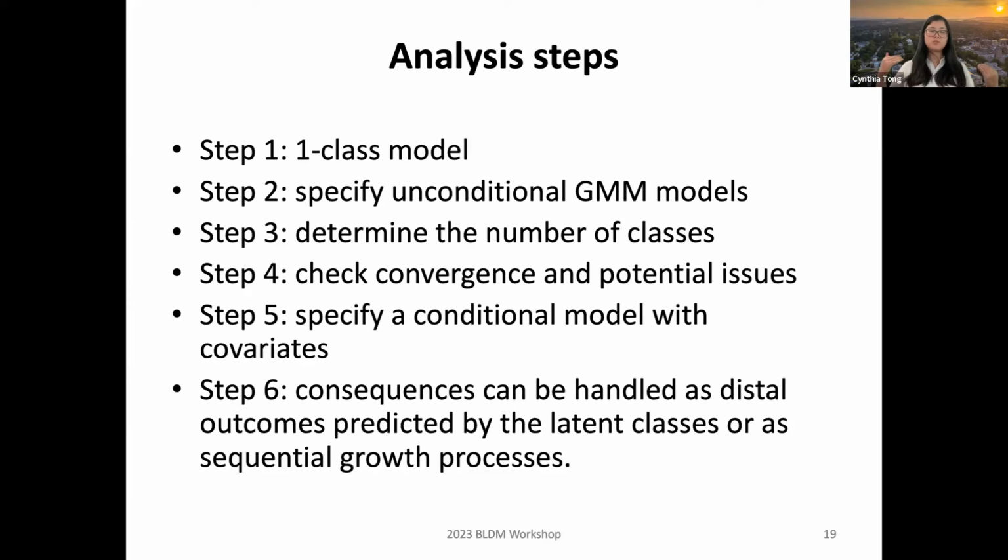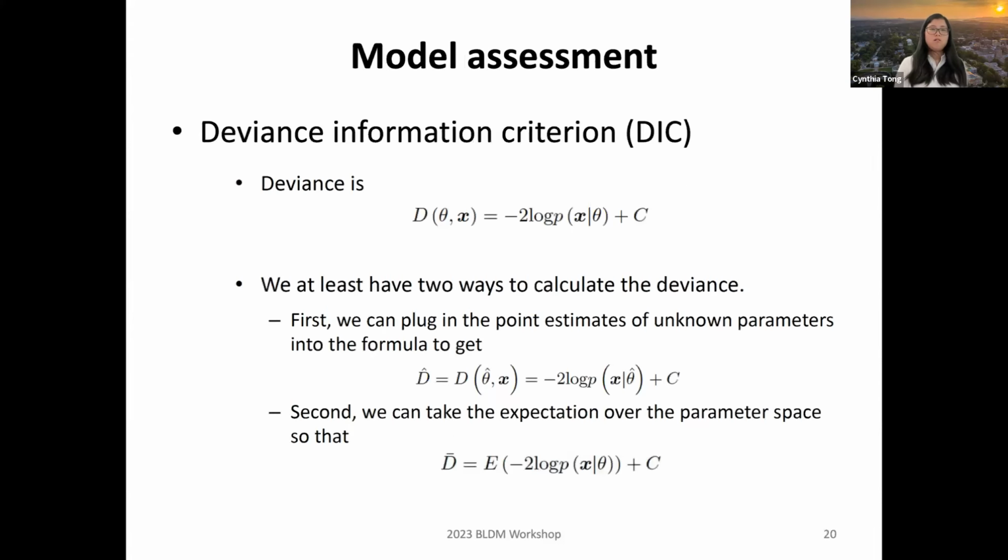But I also want to emphasize that the substantive theory, where the interpretations are very important, is key in the growth mixture modeling framework. All right, so in the Bayesian framework, when we want to compare models, when we want to do model assessment, we can use different model assessment criteria.